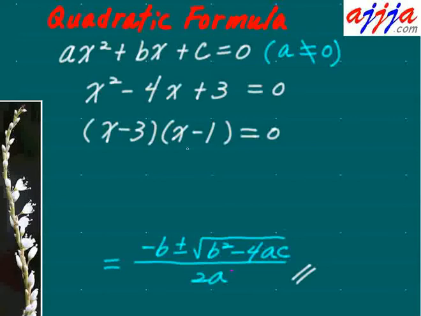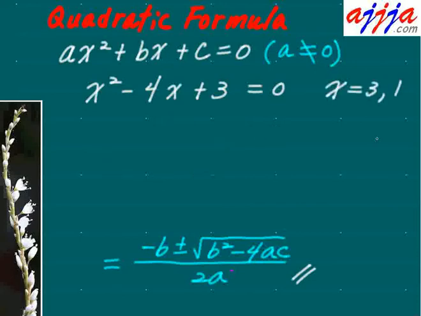That's why both of them should be negative. So what value for x? We make this portion 0. So x is going to be 3. That's why usually they say the opposite of this one. Opposite of this one is going to be 1. So now 3 and 1. That's the answer. We have the answers already, 3 and 1.